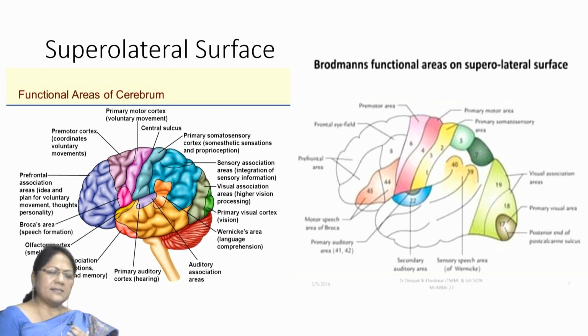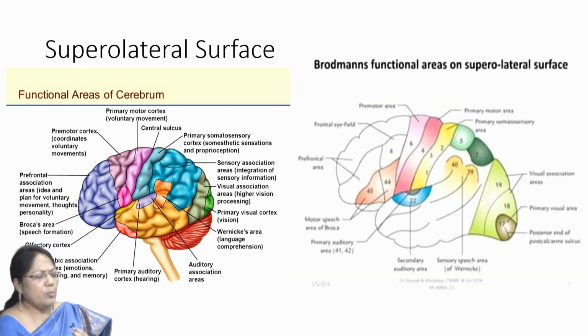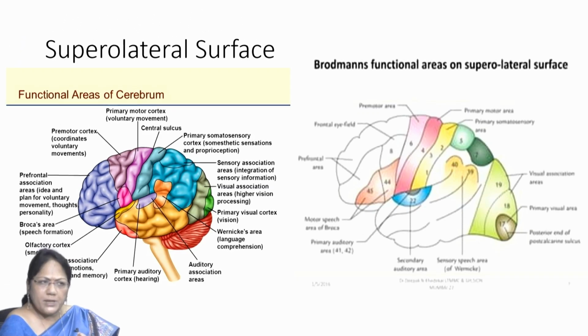This is the only sulcus which cuts through the superomedial border and comes into the medial surface. In the medial surface, the area surrounding this cutting central sulcus is called the paracentral lobule. That paracentral lobule is very important because it is the center for all perineal reflexes.